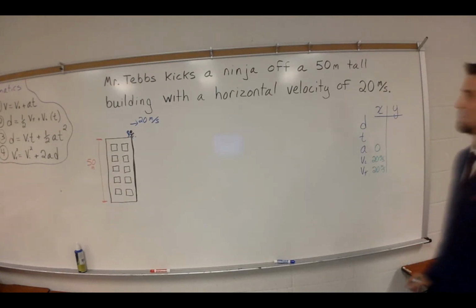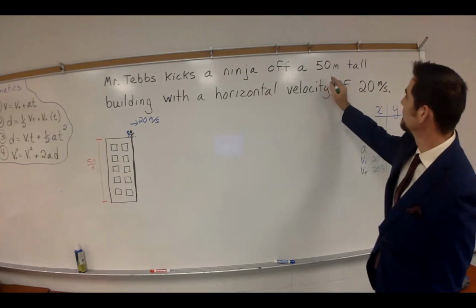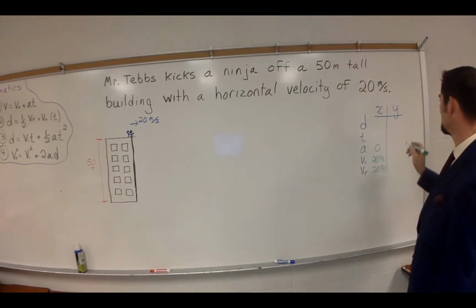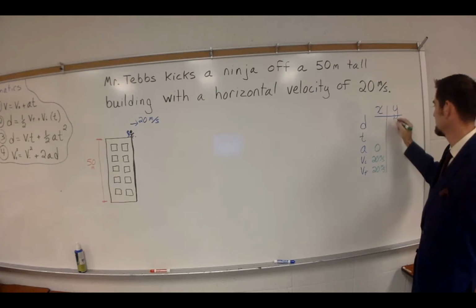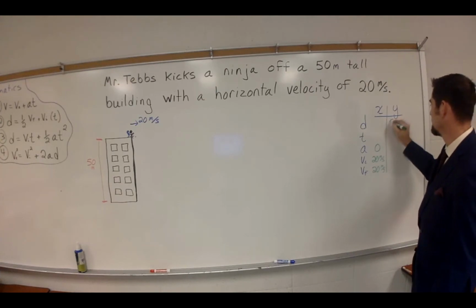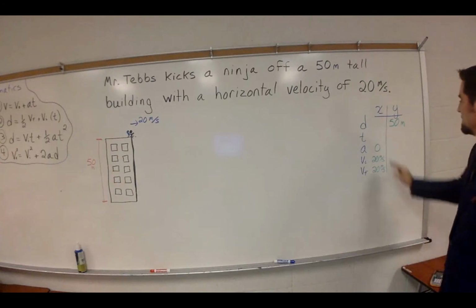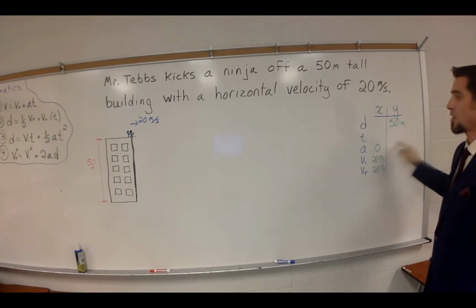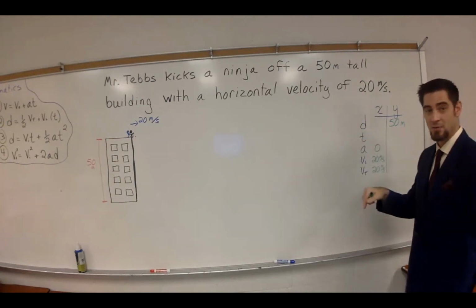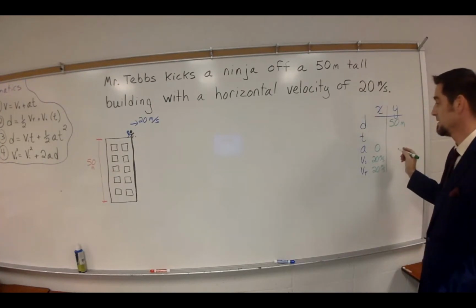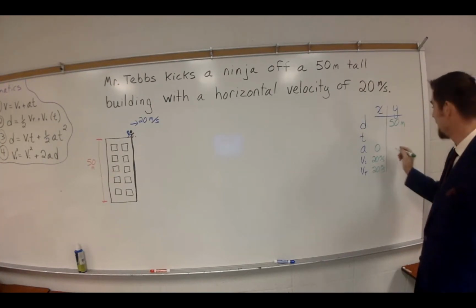Well, we know we start off at a 50-meter tall building, so our distance is going to be 50 meters. We still don't know time. Our acceleration in the y direction is going to be the acceleration due to gravity.